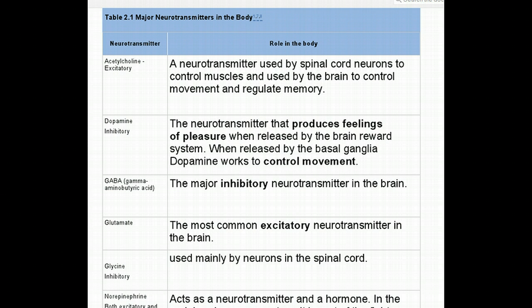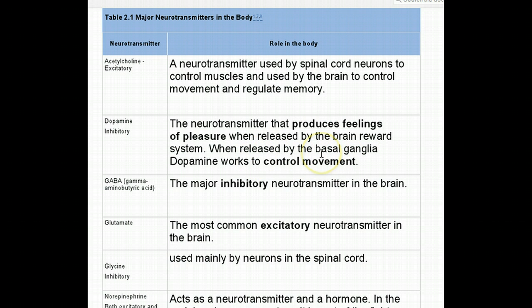Now, the reward pathway is kind of interesting because it has kept us alive for the last 1.3 million years by training your brain to do the things that give it pleasure, which most of the time was food and sex. But now, in modern society, we can artificially stimulate the reward pathway with drugs and sometimes exercise. But there's been a lot of research done in the effects of drugs.